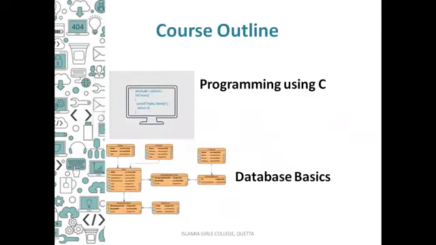So first we will see the course outline. Your book is divided into two parts. The first part is programming using C. From chapter number 1 to 7, we will study the C language in a simple and logical manner. C is a general purpose programming language, and it is among the most widely and popularly used computer programming languages.